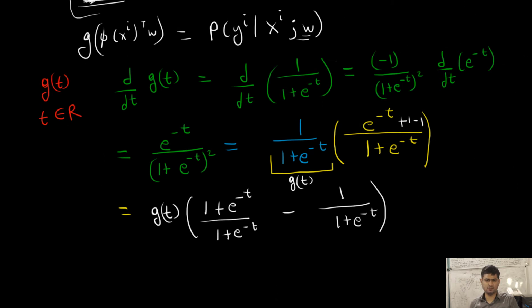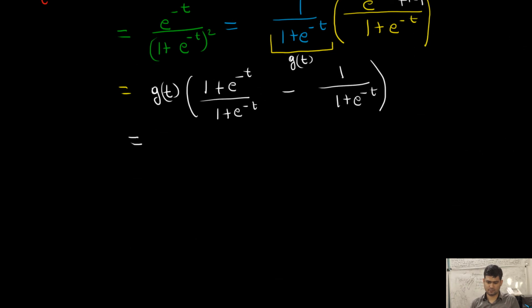So we get this, which is equal to g of t times 1 minus g of t.